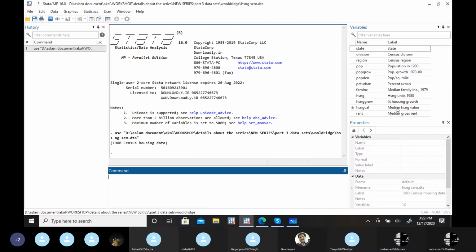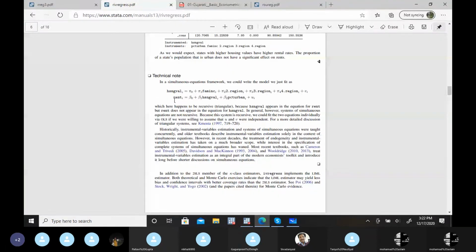Yes. Median HSNG value, then rent, percent urban, then population growth rate. These are the basic variables in this particular data set. The model is, this detail is not given, right?